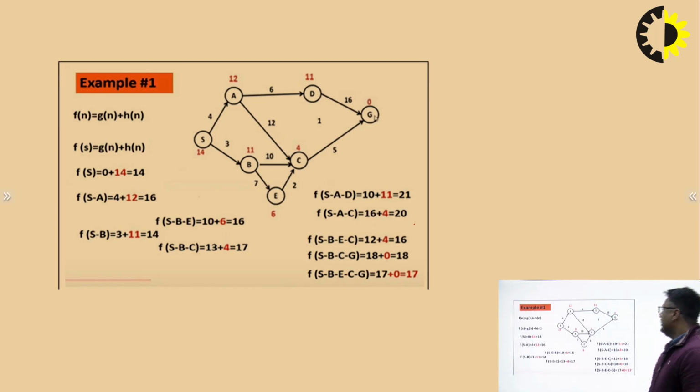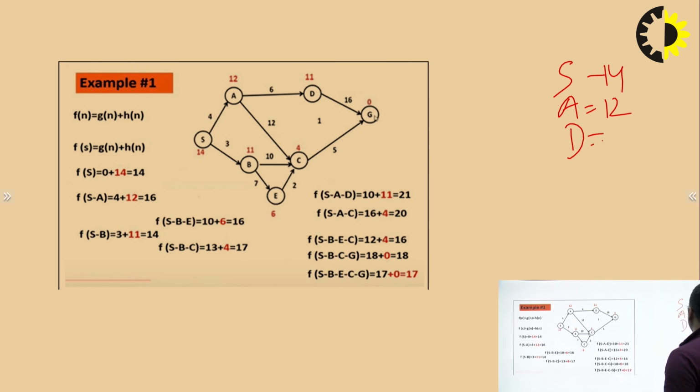Heuristic values are given here: S is 14, A is 12, D is 11, B is 11, E is 6, and all node heuristic values are given.